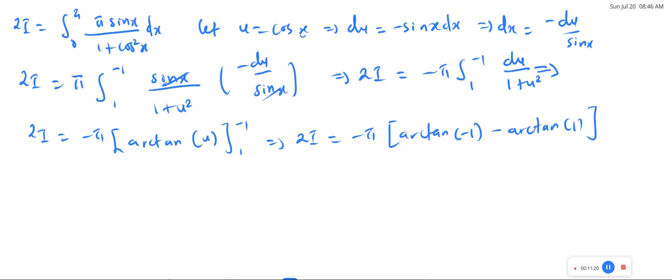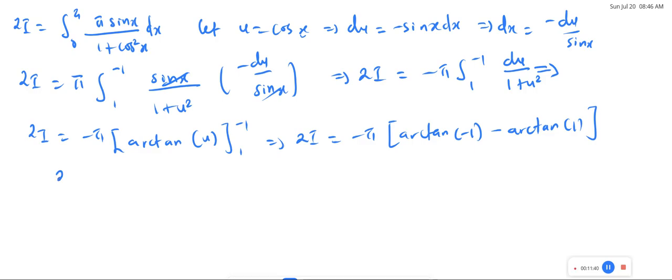Arctan of -1 minus arctan of 1 should give us minus pi over 2. So 2I equals minus pi in brackets, times minus pi over 2.